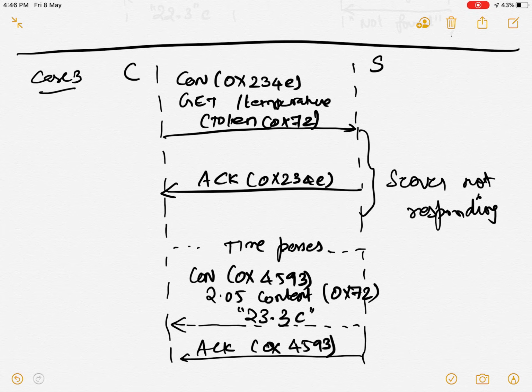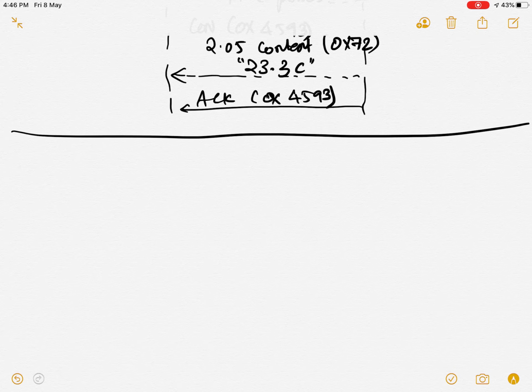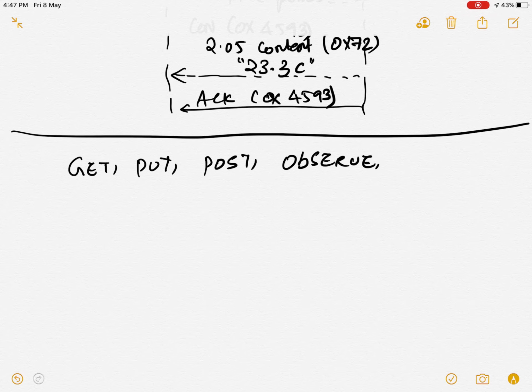There are some more things available in the CoAP protocol, for example the different control words. We have the get method, the put method, post, observe, and others as well, and the delete request also.